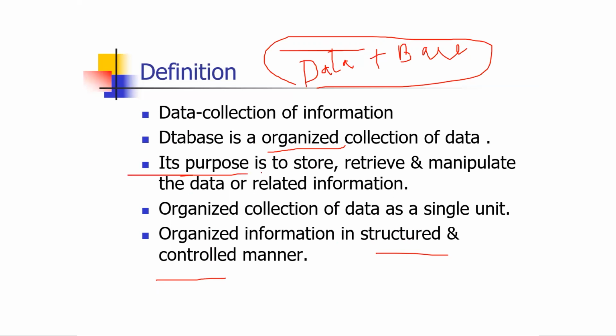What is the purpose of a database? Why do we want to create a database? We create a database for 3 main purposes: S, R, and M. S is for store the information in the easiest way. R is for retrieve, meaning receiving a particular piece of information from the database, in the easiest way. M is for manipulate the information in the easiest way.